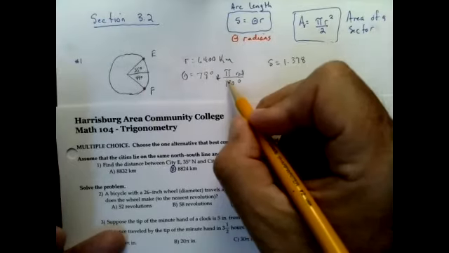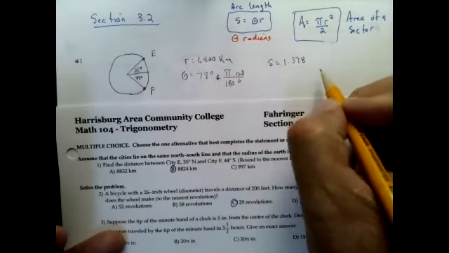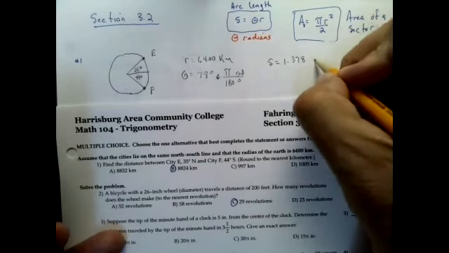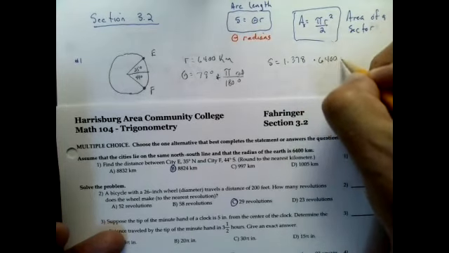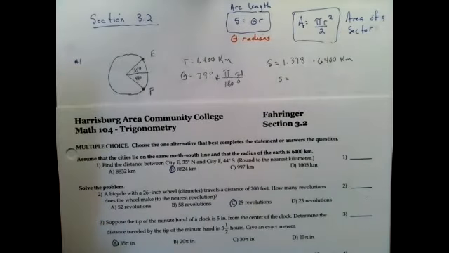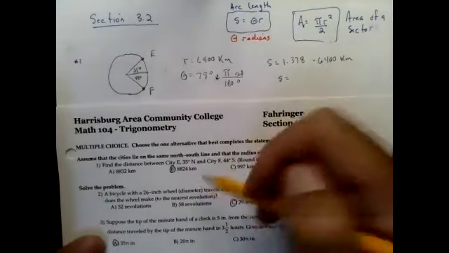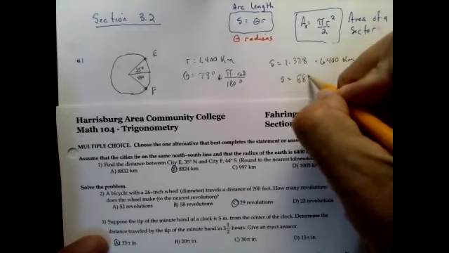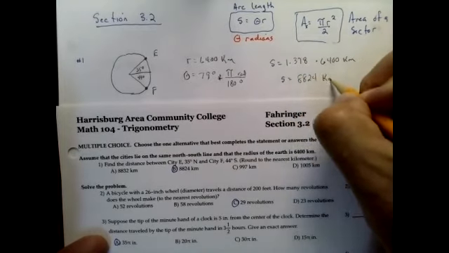So that's what theta equals. When I did the work on this, I got this many radians times 6,400 kilometers, which should equal 8,824 kilometers.